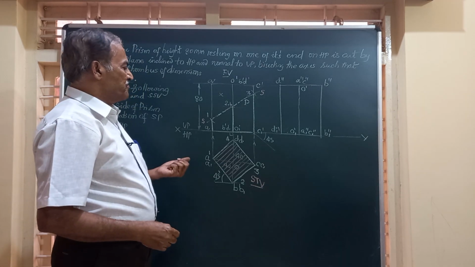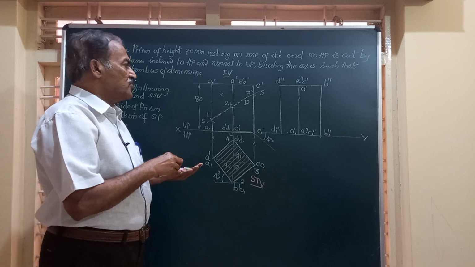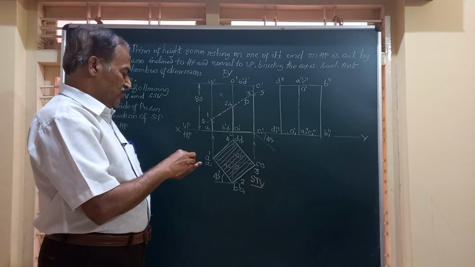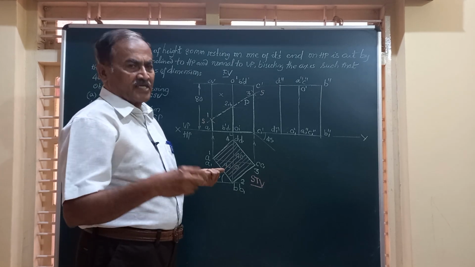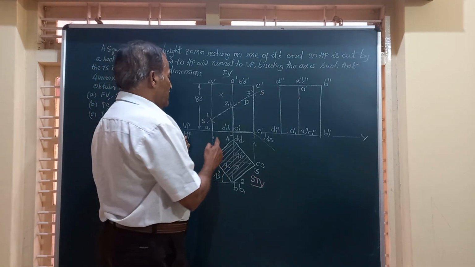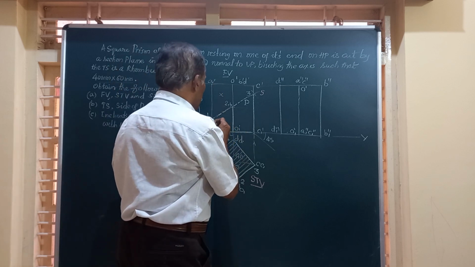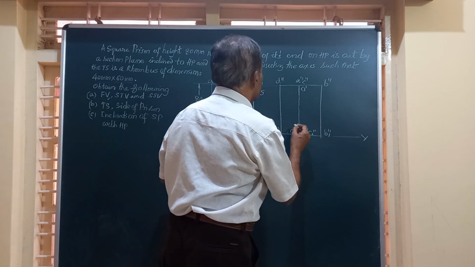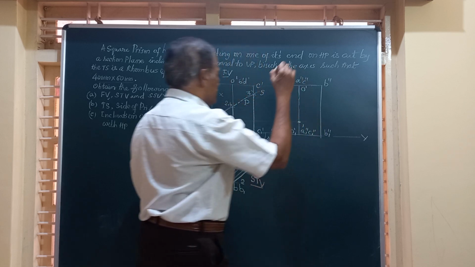Now friends, you transfer all these points from the front view to the right end view to obtain the sectional side view or sectional end view. Friends, let me start from this point 1. 1 is on AA1. So I am going to draw a horizontal line till it touches this AA1. So this is point number 1.